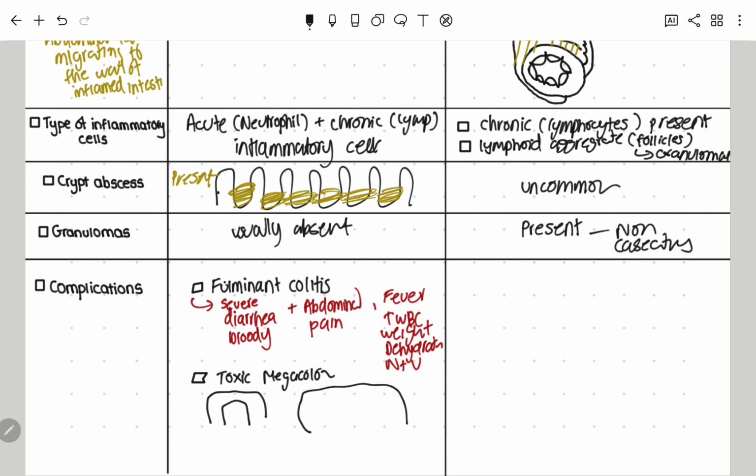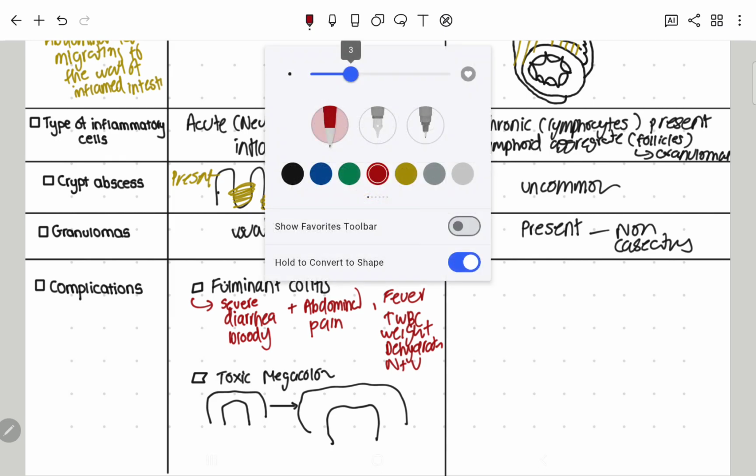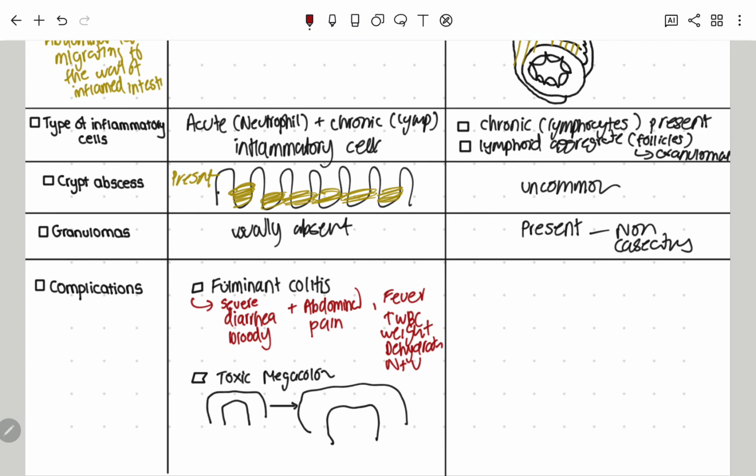You can imagine the inflammatory process makes it much larger, much more dilated, and this leads to a significant increase in its diameter. And the reason this is considered a potential life-threatening complication is because you have an increased risk of perforation, you have an increased risk of septic shock, and thus a quick and sad death as well.